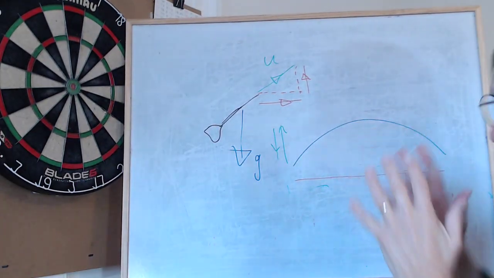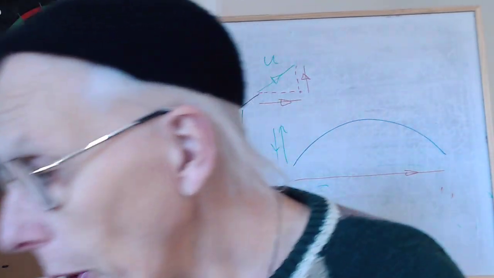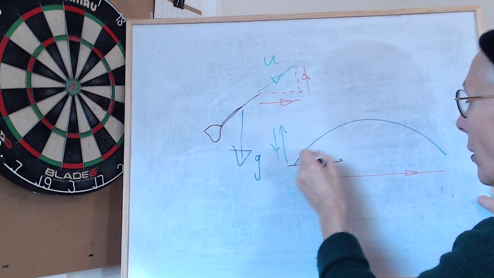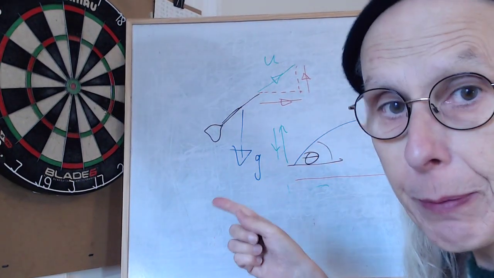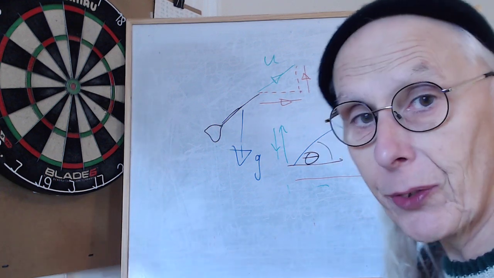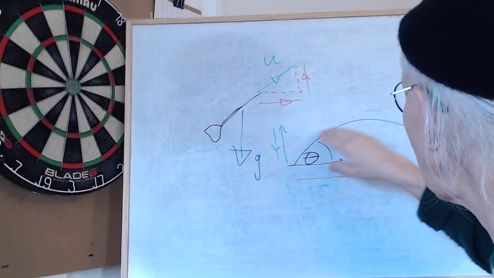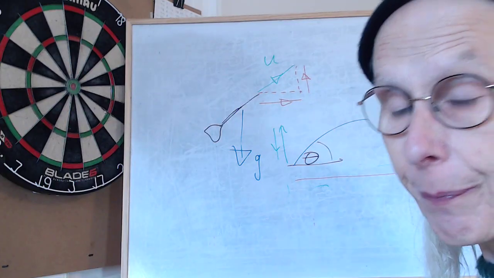Now, the key thing that we're going to be talking about today is the angle of release, which is the angle of the initial velocity. We call our angle theta, remember, that Greek letter which everyone in science and maths uses for angle. That angle of release, we want to vary that.